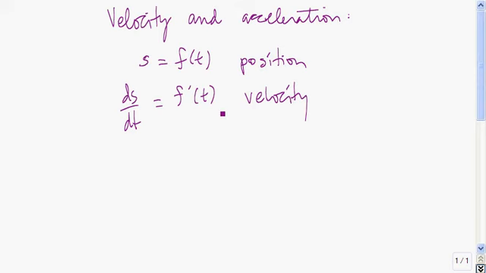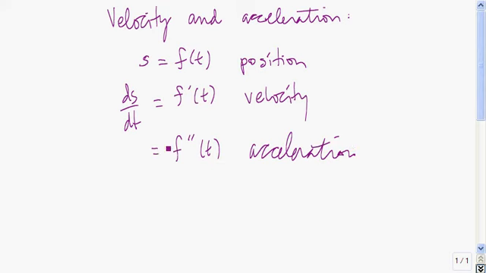If we then take the derivative of that, we get f double prime of t. F double prime of t is the rate of change of f prime. So that's the rate of change of velocity, and that is exactly the acceleration.